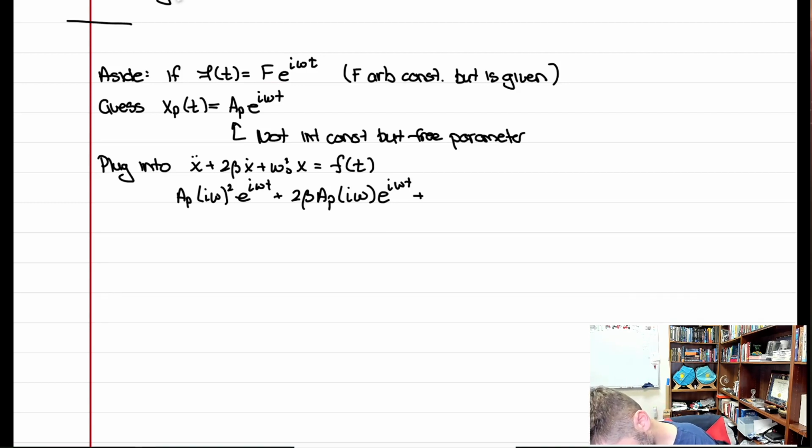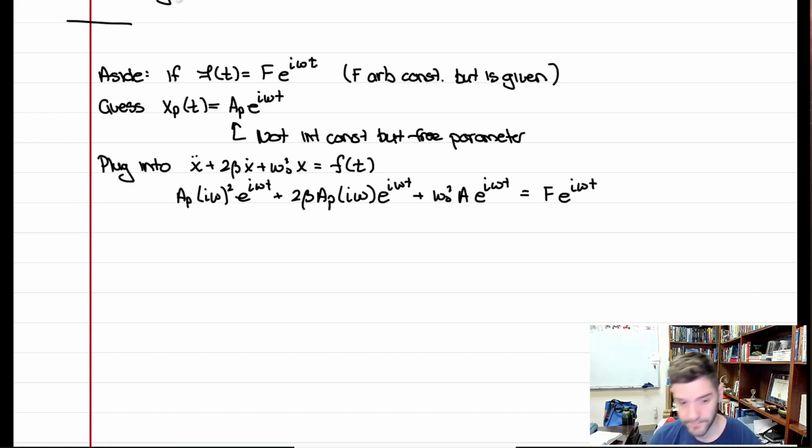Then there's omega naught squared a e to the i omega t. And we want at the end of the day this to equal F e to the i omega t.